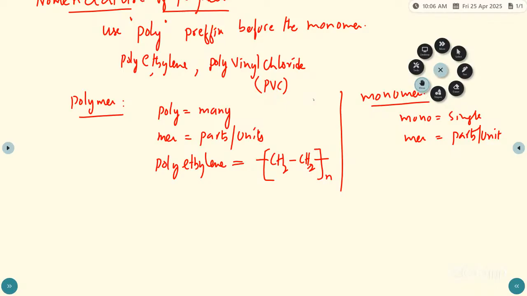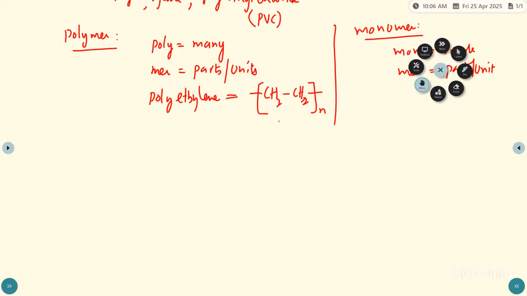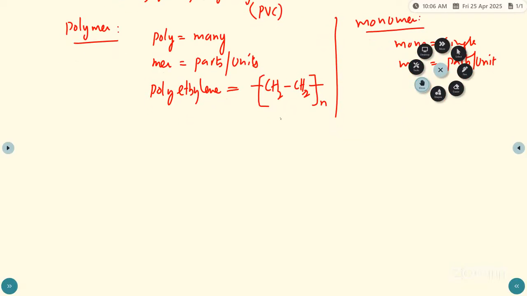Degree of polymerization. What is degree of polymerization? So what is polymerization?